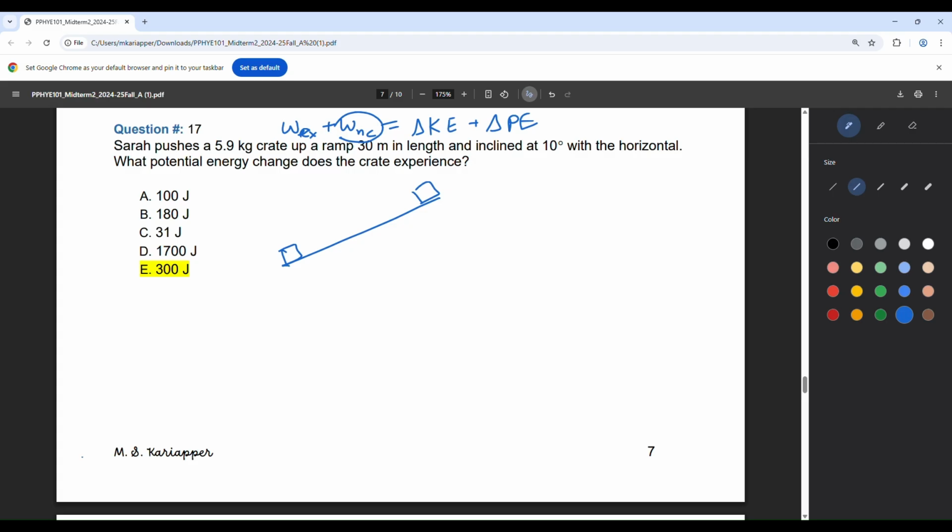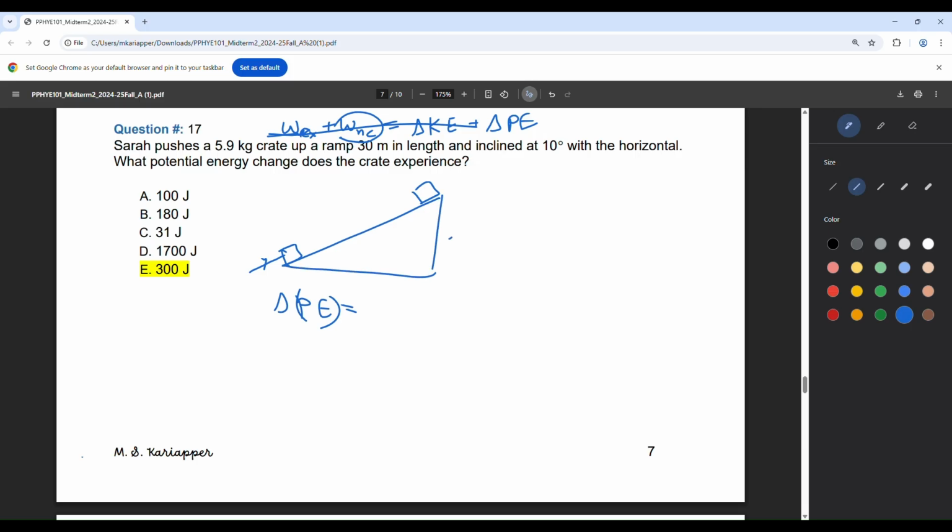So our question here is a crate being pushed by someone. He is only asking just the potential energy change. So we don't have to bring in the energy equation, it's just a definition question. So I was bringing it unnecessarily, but anyway, this is the figure for the question.